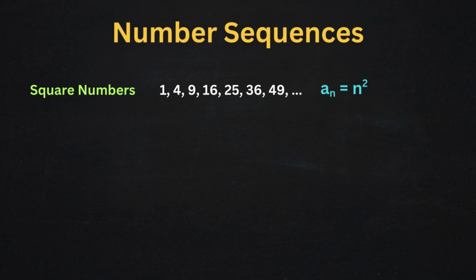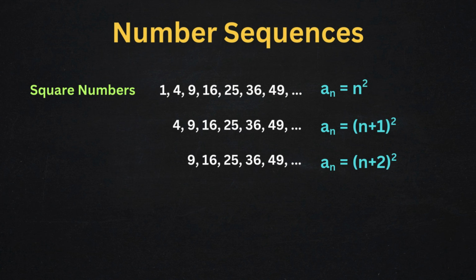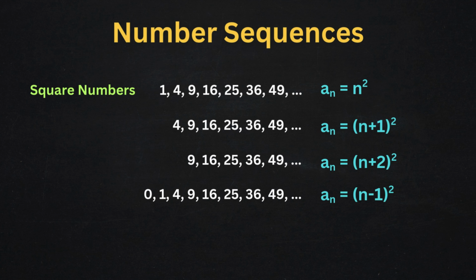In forward shift, if one term is skipped, then replace n with n plus 1. If 2 terms are skipped, then replace n with n plus 2. Just hold this concept, and we will discuss it in a minute, and it will make sense. In backward shift, when the sequence starts with 0, replace n with n minus 1.